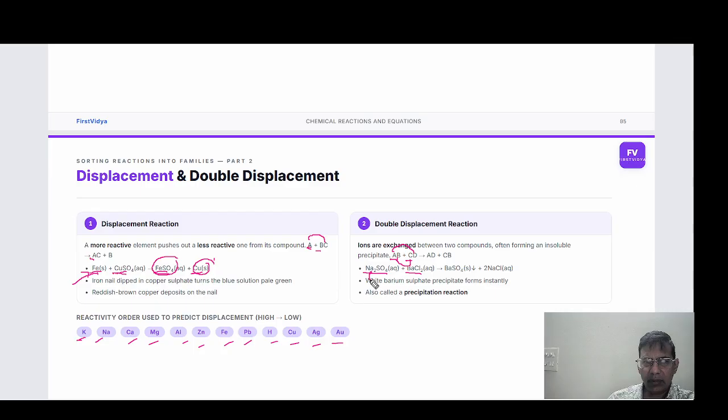Na will be combining with the Cl, and Ba will be combining with the SO4. So BaSO4 will be precipitated, and NaCl will be there. White barium sulfate precipitate forms instantly. So this is a famous compound, BaSO4 white precipitate, also called a precipitation reaction. Okay, so this is also done here.